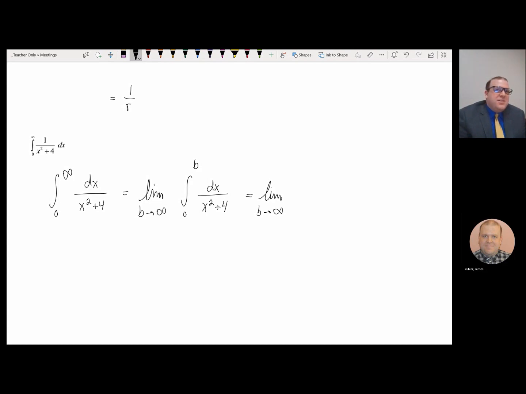The basics are a complete list, well, I say complete list in the sense that it gives you the power rule, so it doesn't have every single polynomial listed.